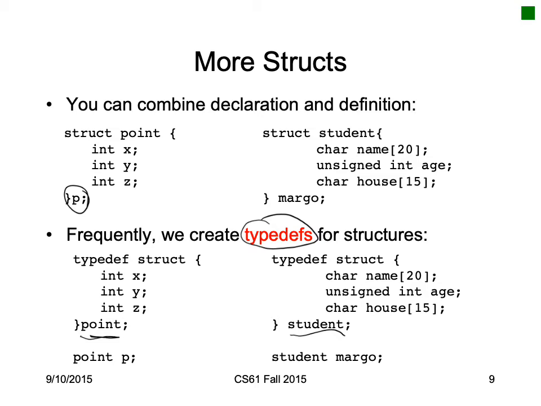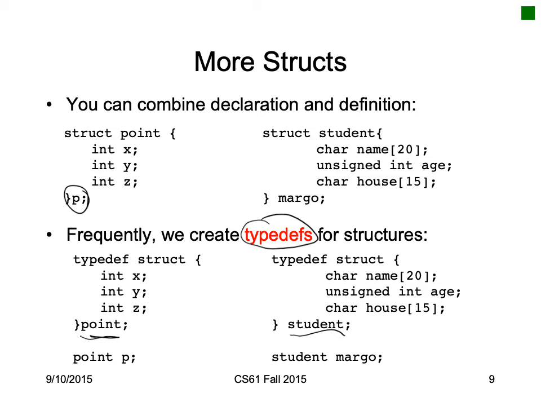Frequently, when we use structures, we actually will use them in conjunction with typedefs. So typedefs you can think of as really a way of creating new types that you can use in your program. And so the format of a typedef is that you say typedef, here's a type, a definition of a type or a declaration of a type, and I'm going to give it a name.